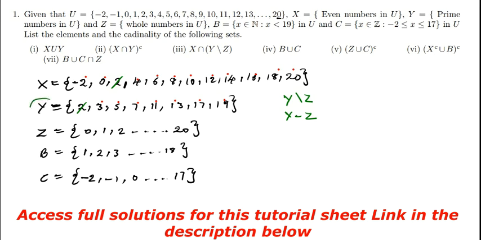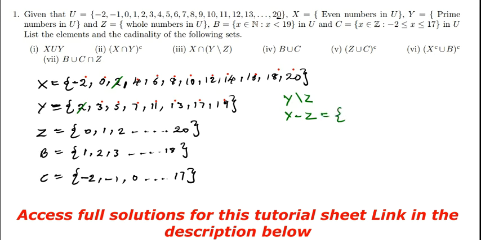So we have y here and z is there. So which elements are found in y but they are not in z? So let's check out. So z has got whole numbers 0 all the way up to 20. So which elements are not found in z? So we're going to say this will be equal to open bracket.